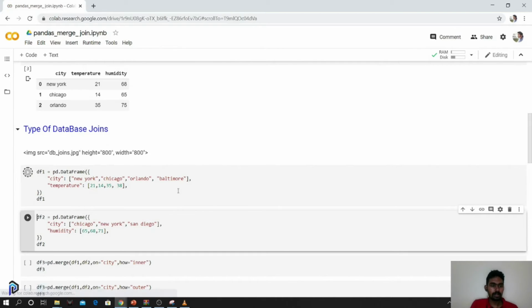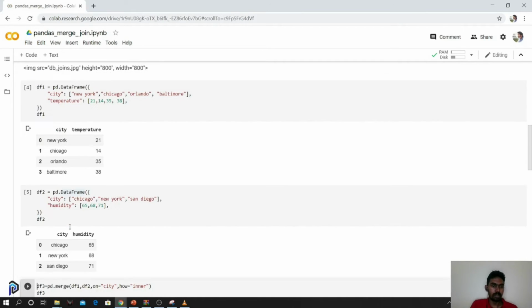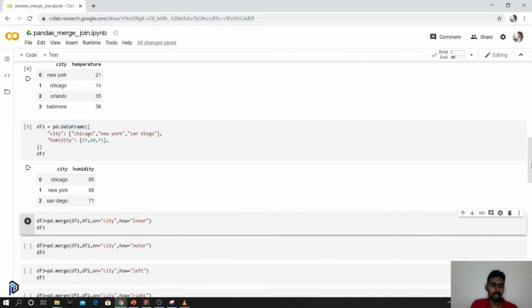We can do different types of join. So let's consider two new data frames. In these data frames, we have temperature and humidity like what we had before. But we have a few cities that are common and a few cities that are unique to each data frame. Let's see how the merge actually happens.